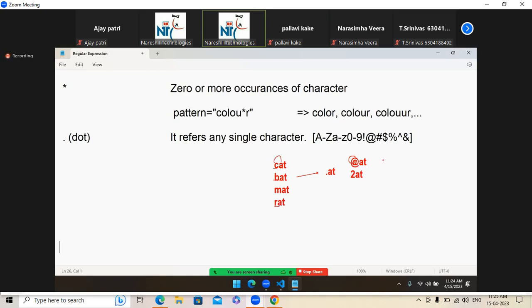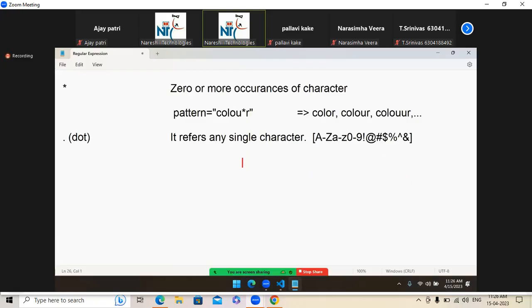For example, we have words like saw, cow, dog, toy, like this.